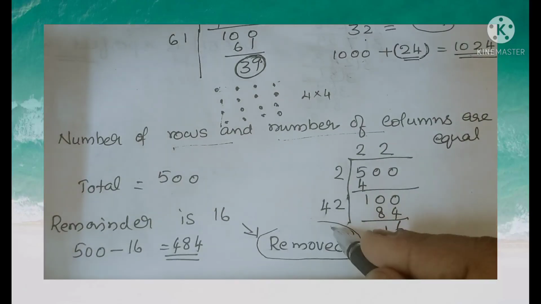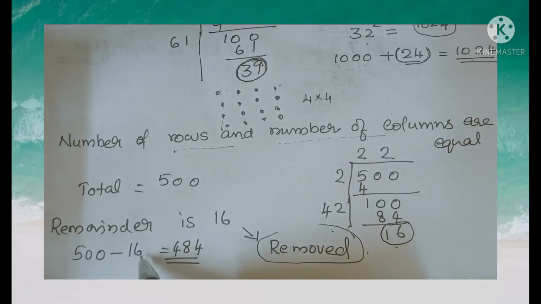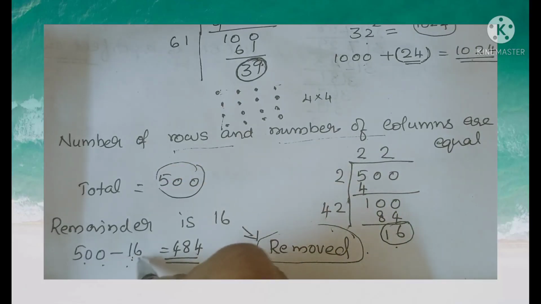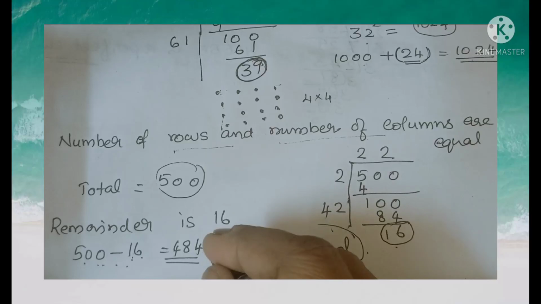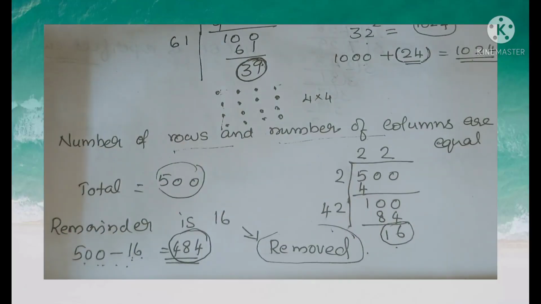How many children we want to remove means we want to find the remainder. Here 16 is the remainder, so we want to subtract 16 from the given number. Since 500 students are there, we want to subtract 16 from 500. Then it becomes a perfect square, that is 484.